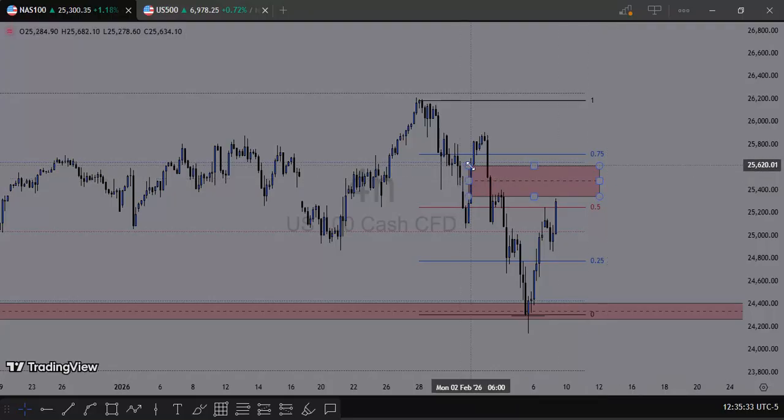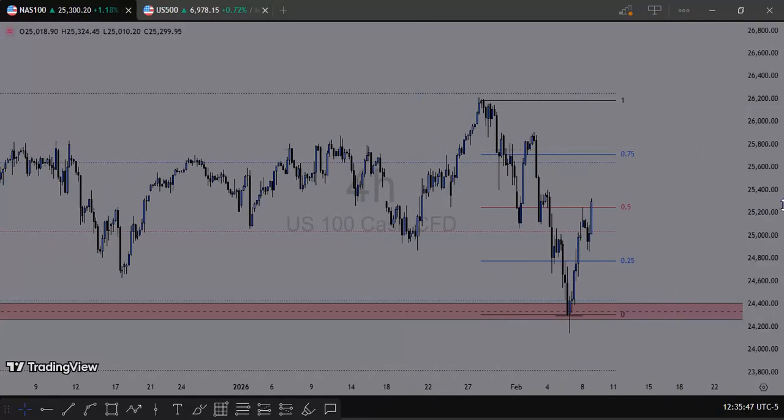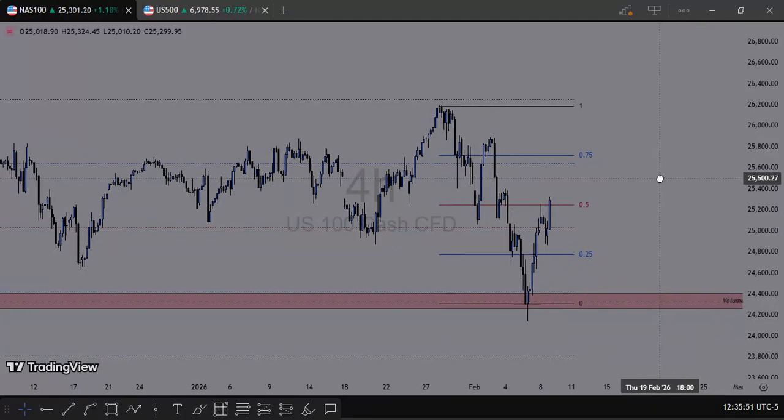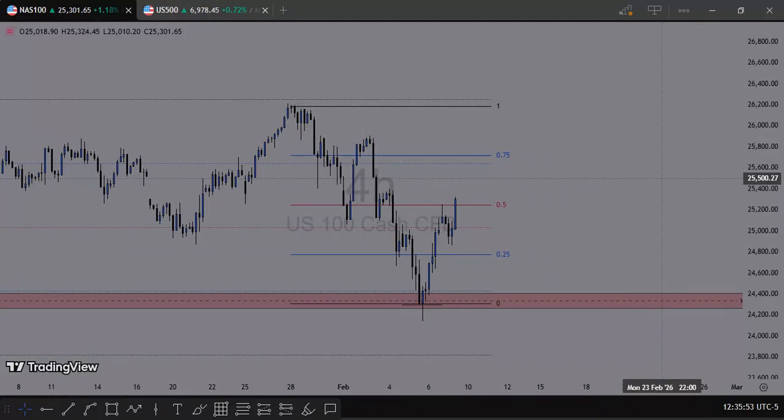We do also have a volume imbalance, as you can see right there. It's a potential area of resistance, but I want to believe that this is where we are going, and if that is where we are going, then I'm going to be right. But anything can happen.